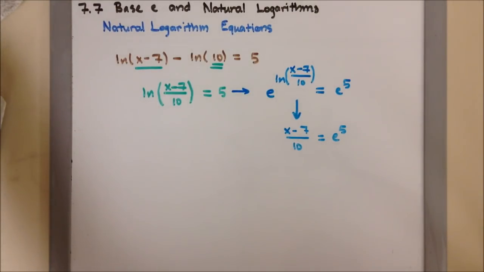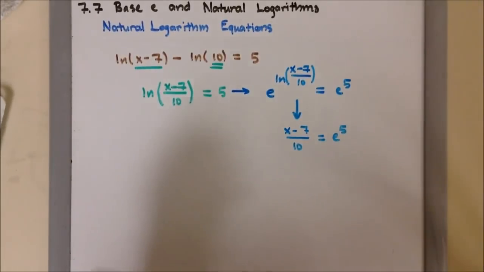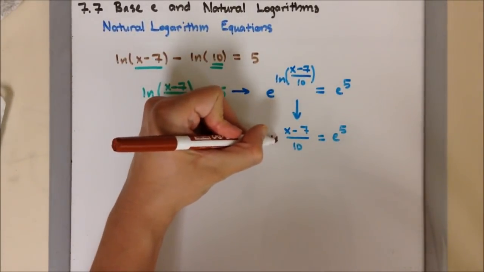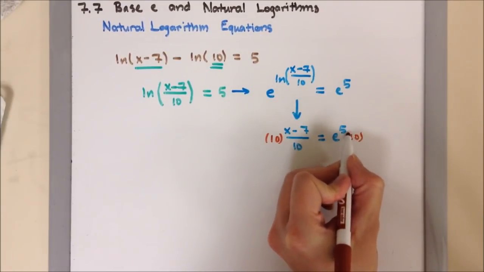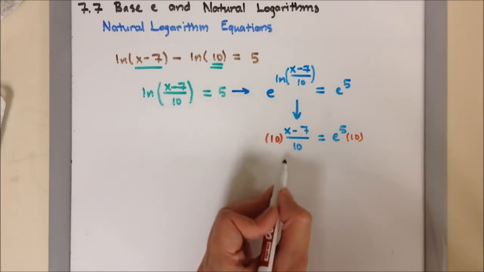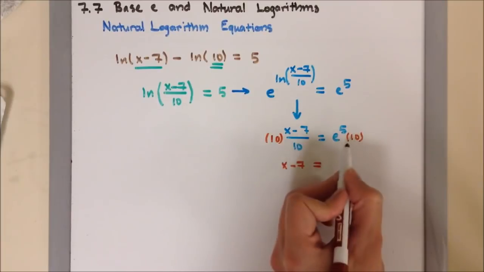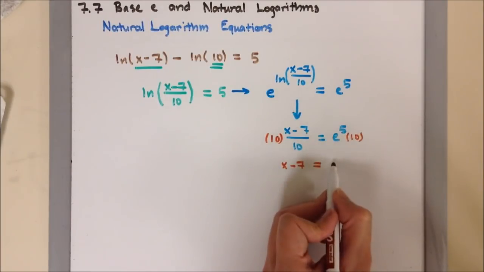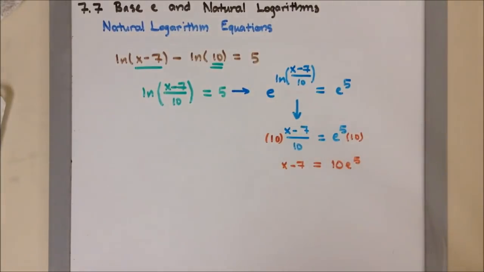From there, I'm going to multiply both sides by 10 since I have a fraction on the left side. So here the 10 would be divided by 10 and become 1. I'm left with x minus 7 equal e to the 5th power times 10, which will be 10e to the 5th power.